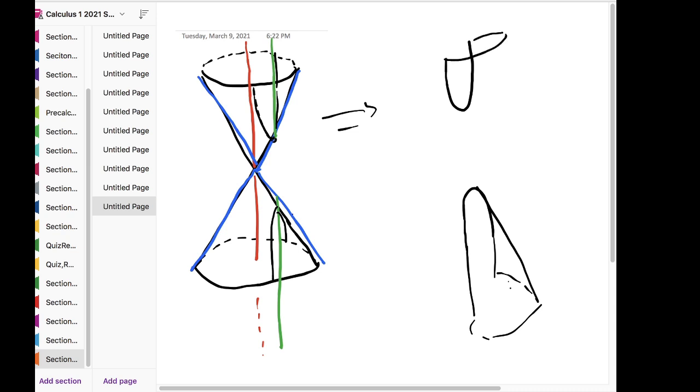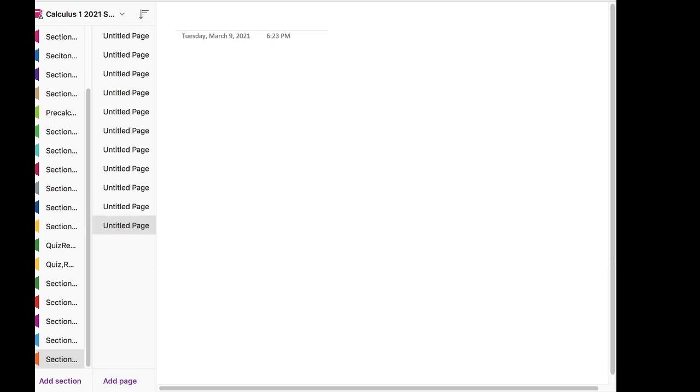And what's one last way you can cut a cone? You can do this to a traffic cone too. It doesn't have to be this double cone. Hyperbola doesn't have to be both the upper and lower.